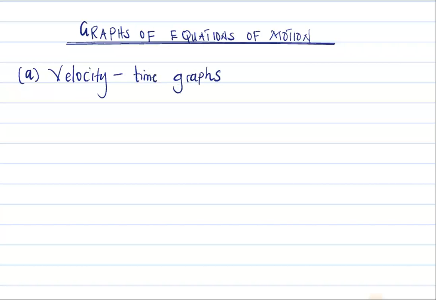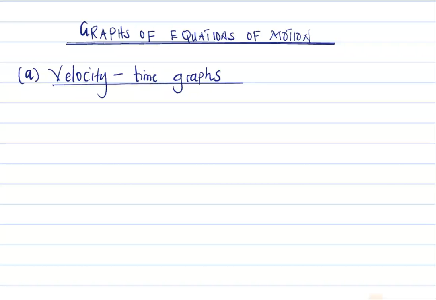As we do this, I just want you to pay particular attention to the shape of each graph that we are going to draw here, because it's quite important that you know the shape.